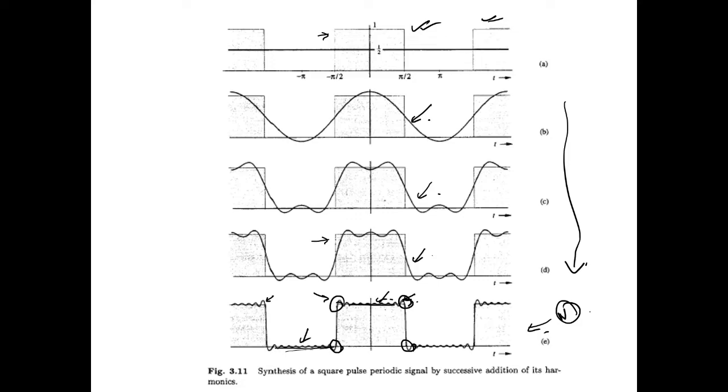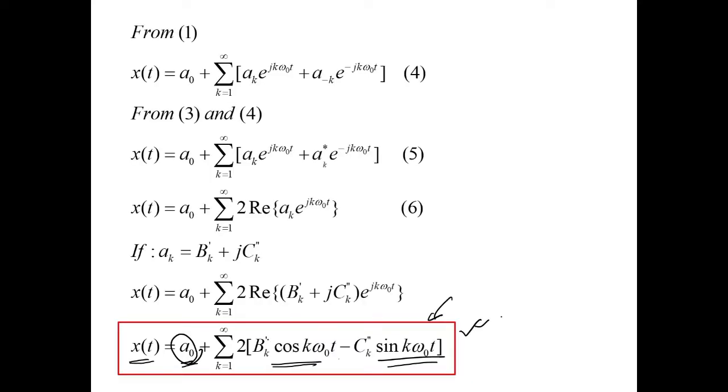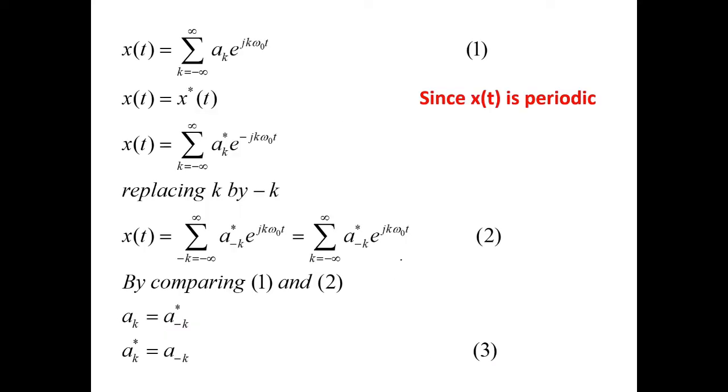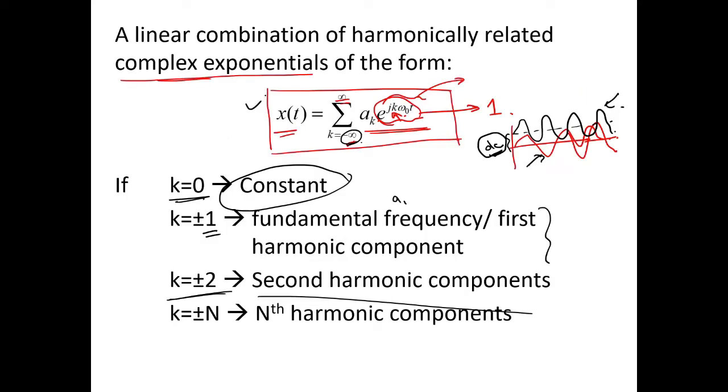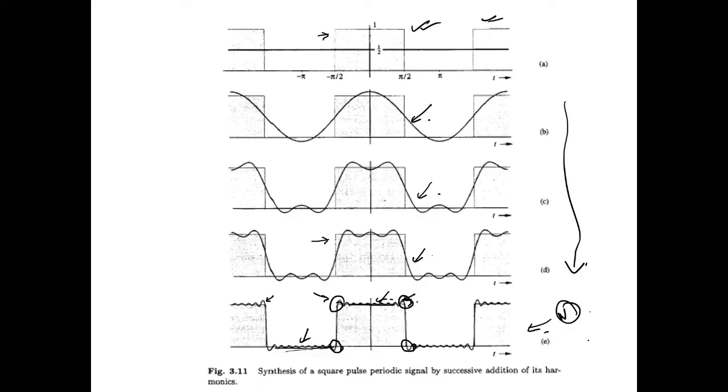This is happening because if you consider any of the equations, whether this equation or the first equation over here that we discussed, we said that we will be synthesizing the periodic signals using an infinite number of sinusoids. However, herein we are restricting ourselves to the nth harmonic component.